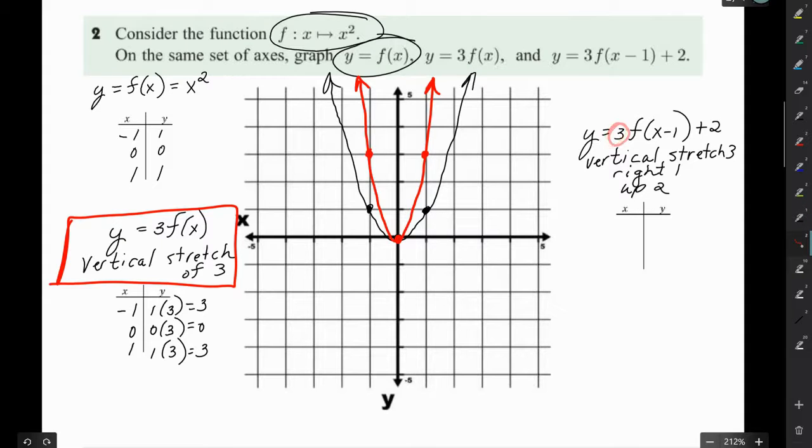We're going to multiply all our y's by 3. All right, this is saying a right 1, so that means we're going to add 1 to all our x values. And this is moving our graph up 2, so we're going to add 2 to all of our y values.